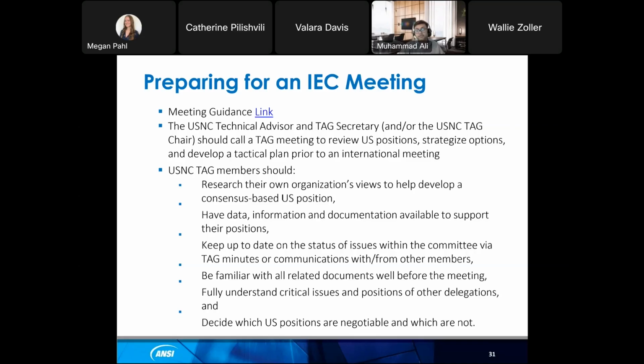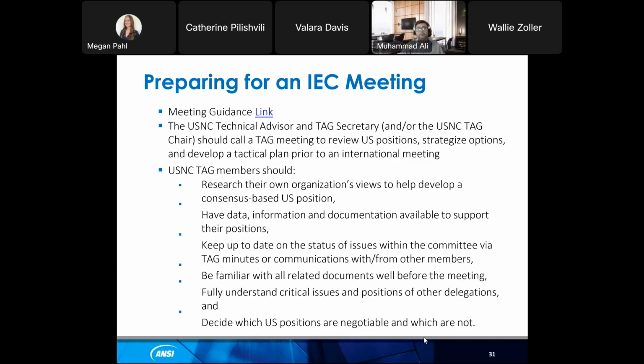These technical advisors, working with the tag secretary, call a tag meeting in most cases to review the U.S. positions on the agenda items that have been posted by the international IEC secretary of that committee, and they develop U.S. positions on each of the items before the meeting. So there might be one meeting or multiple meetings leading up to that international meeting in order to determine the U.S.